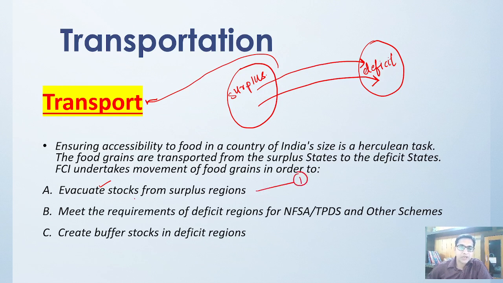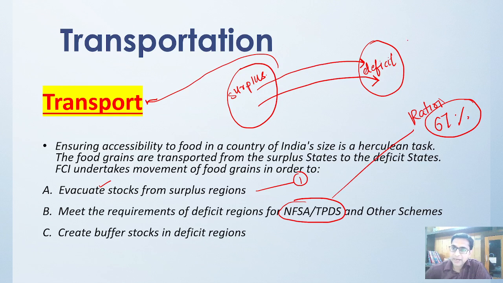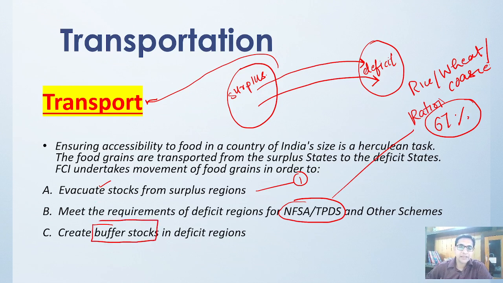Second is to meet the requirement of national food security and targeted public distribution. In our country we have ration shops, and we have to provide 67% of the population with rationed food grain, rice, wheat, and coarse grain. And third, to create a buffer stock in the deficit region.